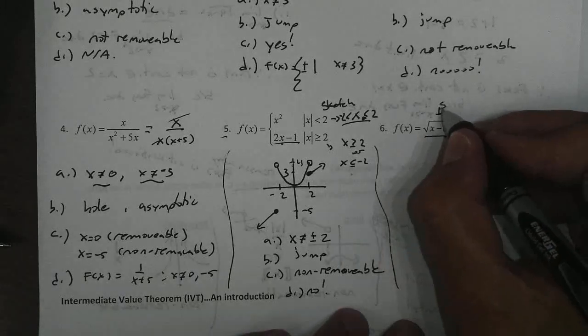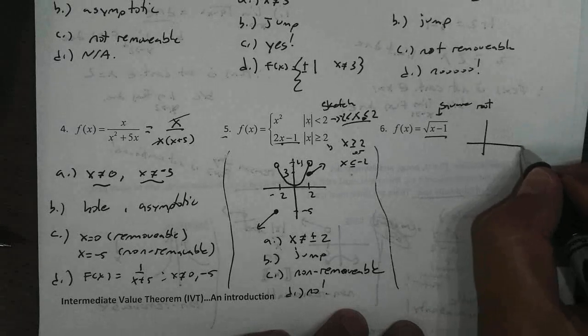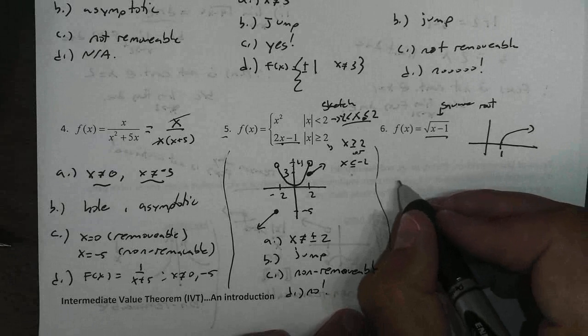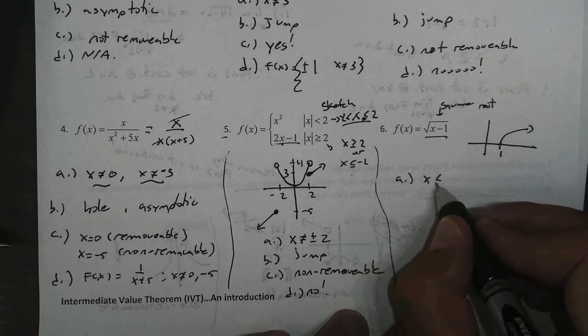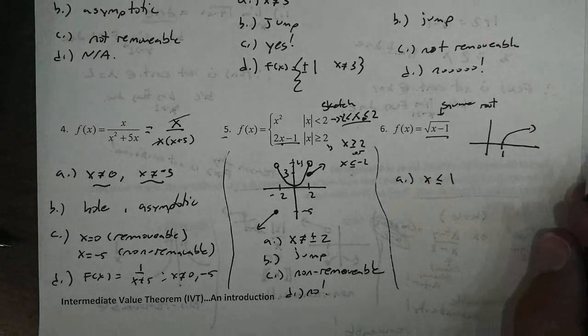This is our square root. Again, I'm going to graph it. Sometimes seeing something helps. It moves over 1 to the right, and it's our absolute value graph. So for part A, where is this discontinuous? Anything less than or equal to 1.